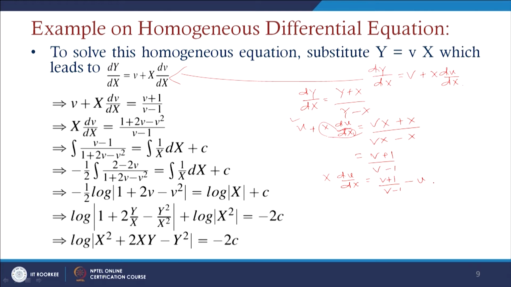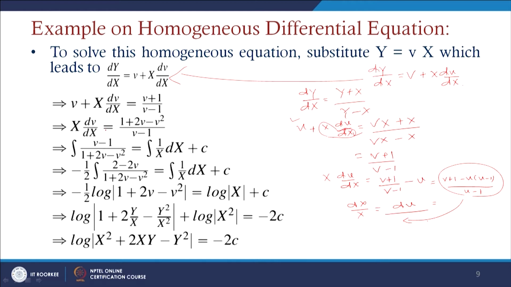Now we add this as (v plus 1 minus v times (v minus 1)) by (v minus 1). And once we have completely v terms here, then we can write dX by X equals dv by this whole term.